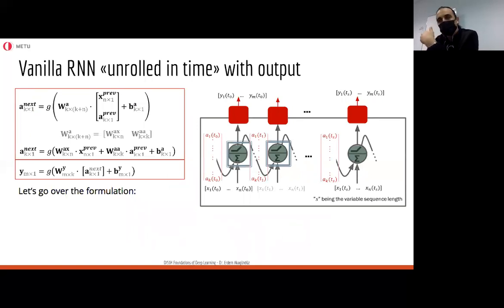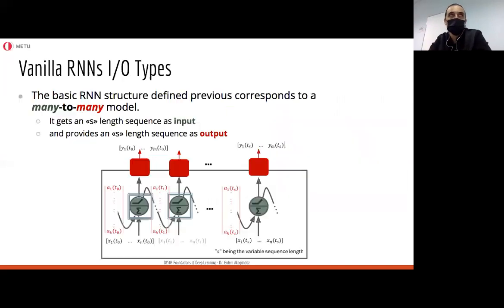Because by creating different variants of this model, we will be able to apply it to different types of problems. Like how? This was the basic RNN architecture with an output gate. It corresponded to a many-to-many model because we had many inputs and many outputs, like a sequence-to-sequence problem, right?